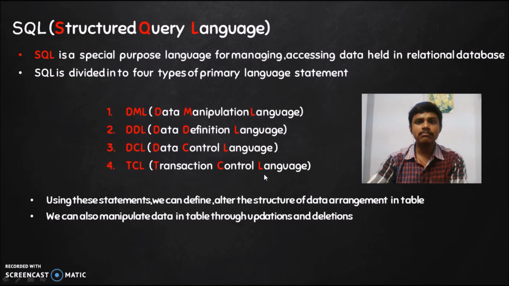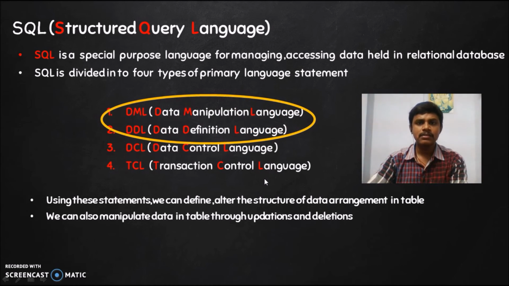We can also add a certain number of attributes to the table, as well as remove certain attributes from the table. So we can perform different types of operations. In a short span of time, we are going to discuss the first 2 most important primary language statements, data manipulation language and data definition language, soon.